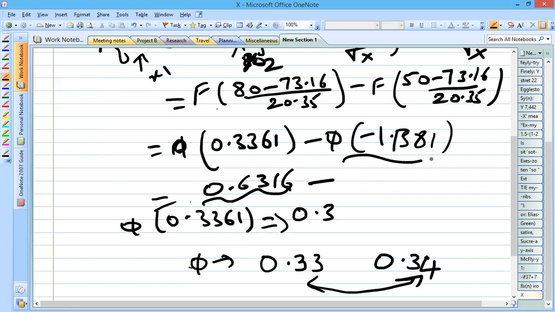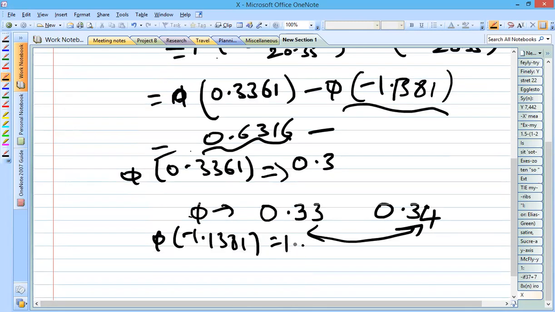And for phi of minus 1.138, again you have to perform 1 minus phi of 1.138.